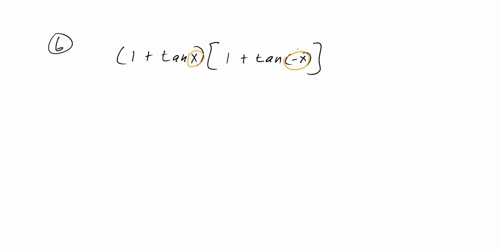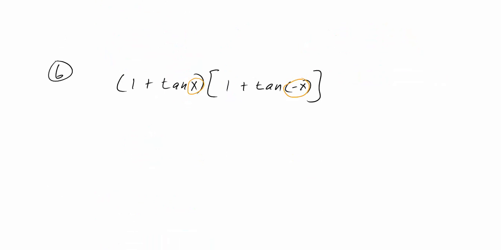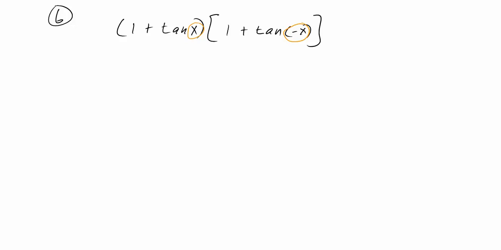And this is where this doesn't match with the one we did above. That was your 90 degree or pi over 2, so that was the cofunction identity. This one is just simply looking at your angle being positive and negative. So this is sounding more like one of your odd function or even function identities. And in this case, the tangent function is an odd function.